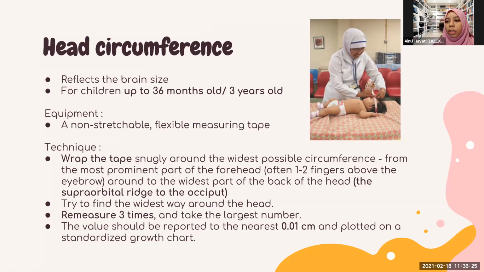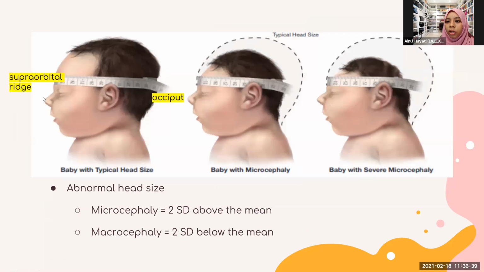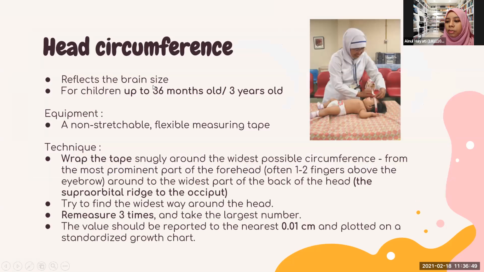So the equipment we need is a non-stretchable, flexible measuring tape, like in the picture, where we wrap the tape around from the supraorbital ridge, between the eyebrows and the hairline, to the occiput at the back.